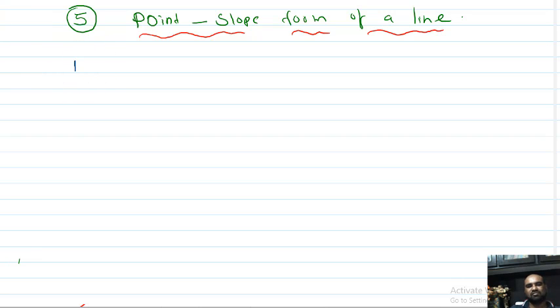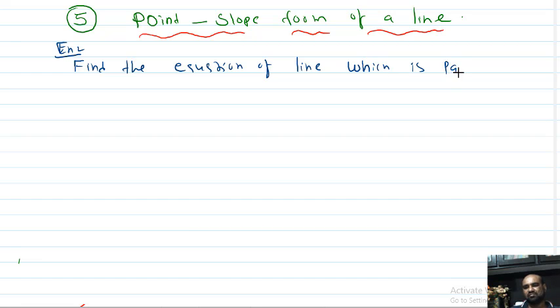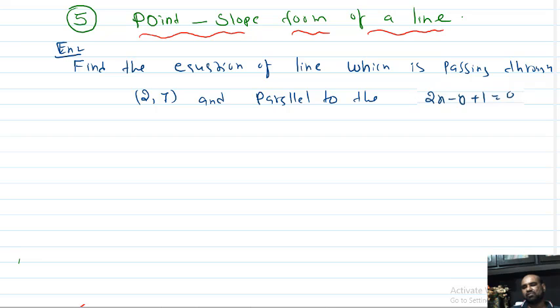An interesting one. Example 2, I can say: find the equation of the line, meaning straight line, which is passing through (2, 7) and parallel to the line 2x minus y plus 3 equal to 0.